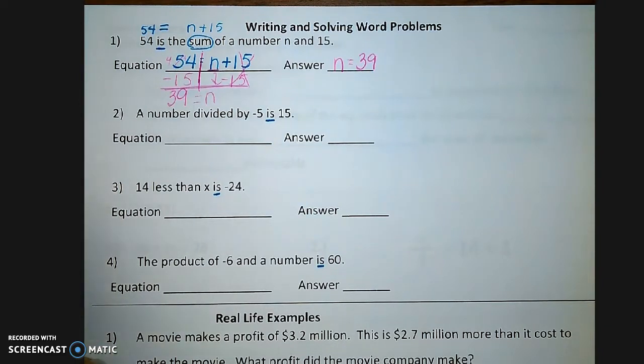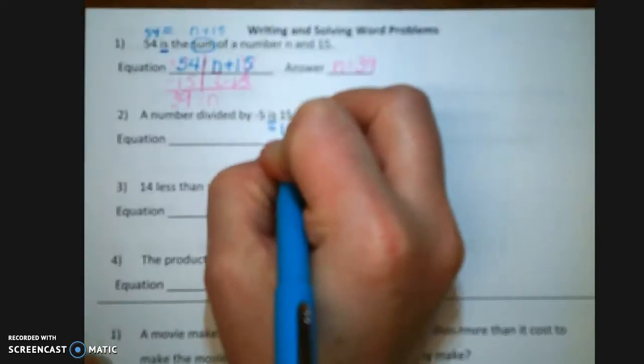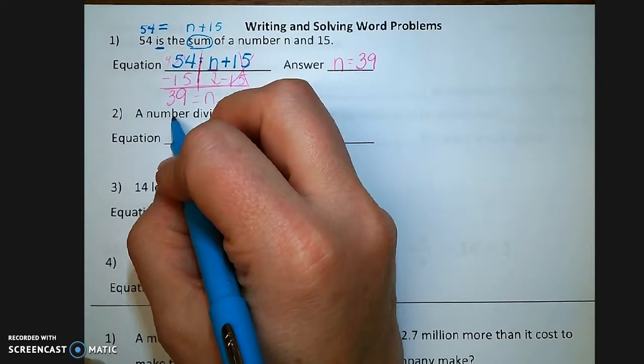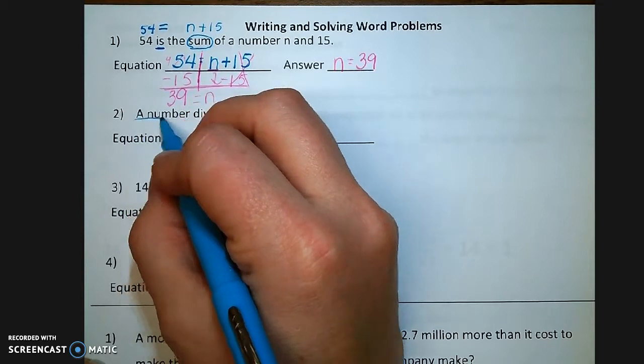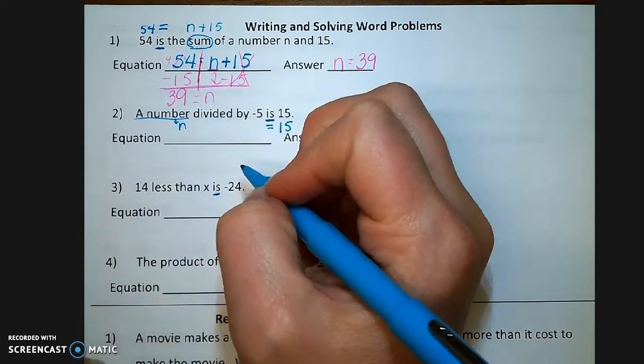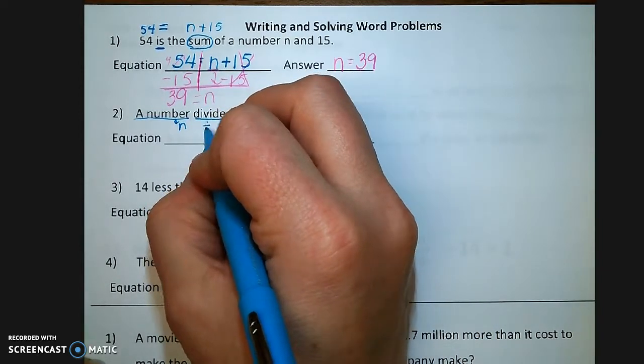In my next one here, I have a number divided by negative 5 is 15. And so I'm going to go "is" 15, and it says a number. It doesn't tell me what that number is, so I'm going to say a number. That's going to be my variable. So I'm going to call it n, since we had n in the one before that, divided by, well, that's just the division sign.